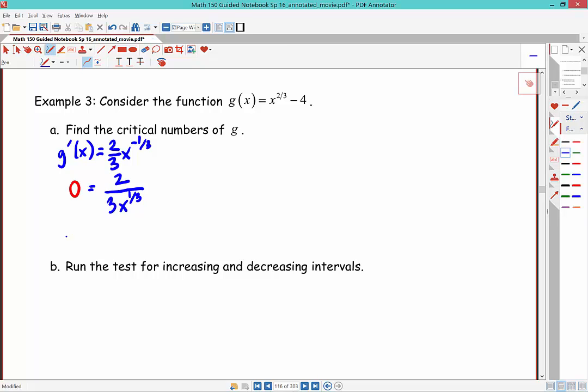And remember, the easy way is just to equate the numerator to 0. And does 0 ever equal 2? No, it's not possible. So no critical numbers when f prime at x is 0.